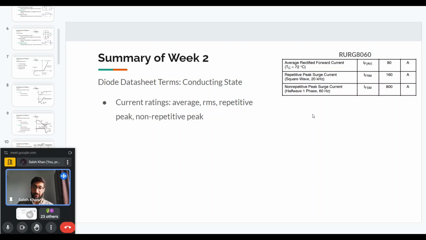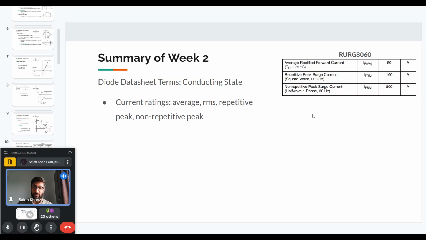And if the peak current comes only very rarely for some transients, if the load changes suddenly, the non-repetitive peak current can be much higher than the repetitive or the average currents, as is shown here in this datasheet example. You can see that the non-repetitive peak current is actually 10 times the average current that the diode can handle.